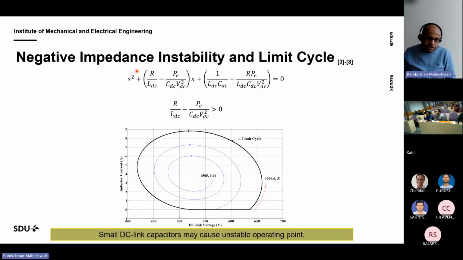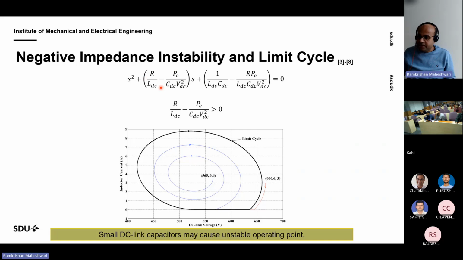Now this is a second order system, and a second order system will be stable if all the coefficients are positive, right? So the coefficient of s squared, the coefficient of s, and the coefficient of s raised to power 0. If all three quantities are positive, the second order system will be stable.